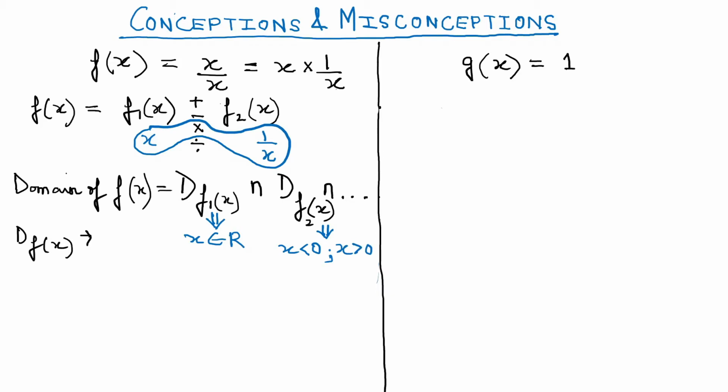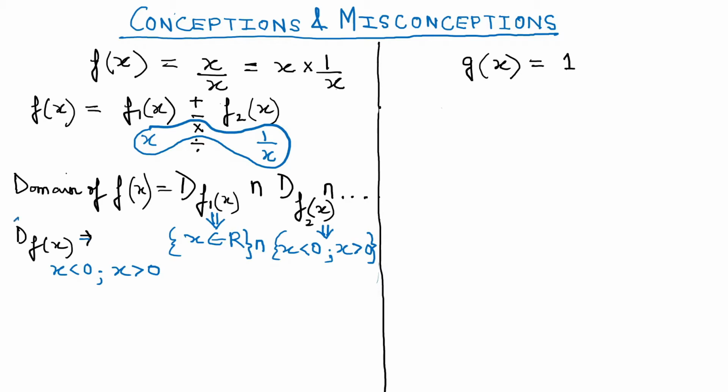Now when I take the intersection of both of these, you take this domain and you take this domain, and then you take the intersection of this, eventually you get the domain as x is greater than 0 union with x is less than 0 along with x is greater than 0. This is the domain of the function f(x).